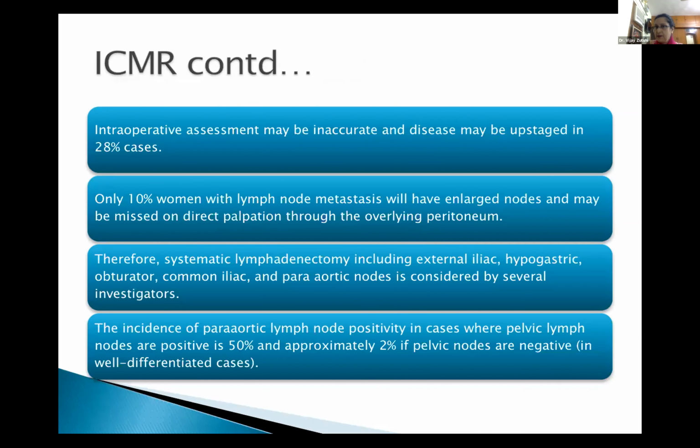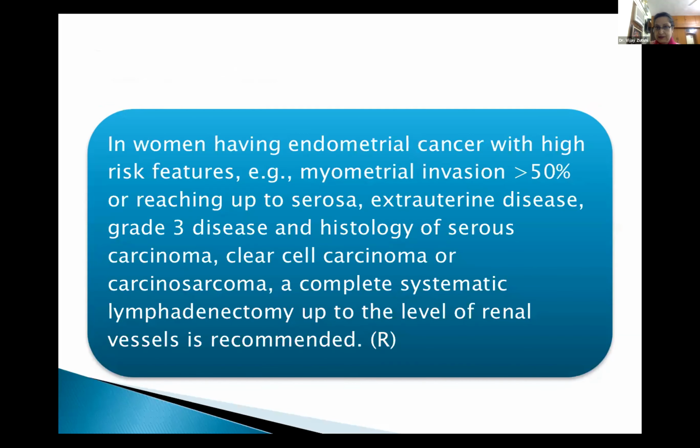Then the ICMR guidelines, which are meant for our low resource setting, continue that only 10% of women with lymph node metastasis will have enlarged nodes and may be missed on direct palpation through the overlying peritoneum. So we cannot rely on that. The incidence of paraortic lymph node positivity in cases where pelvic nodes are positive is 50%, and approximately 2% if pelvic nodes are negative in well-differentiated cases.